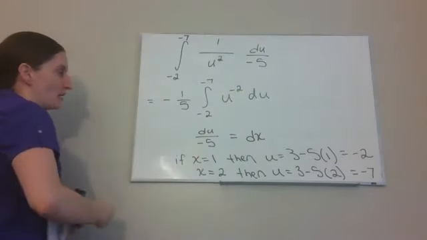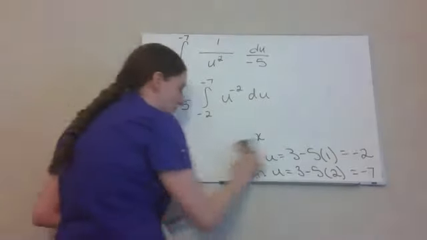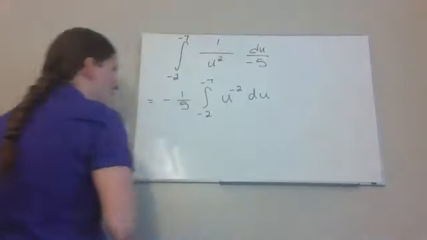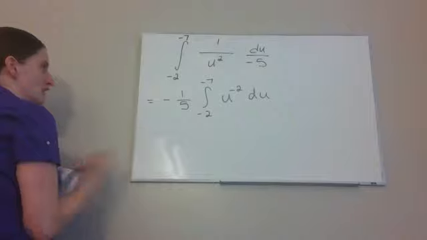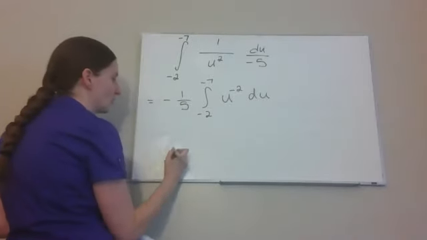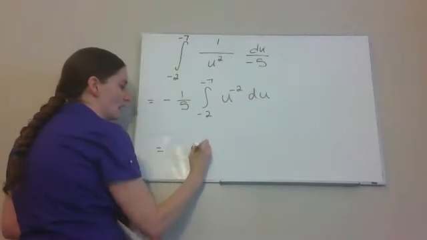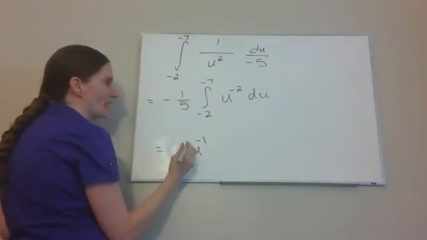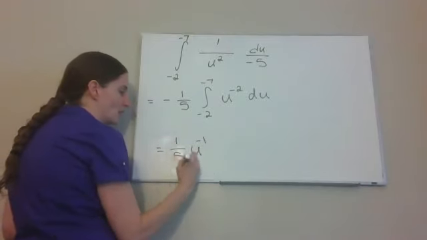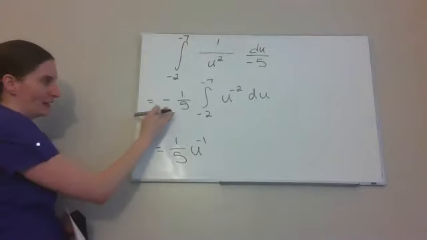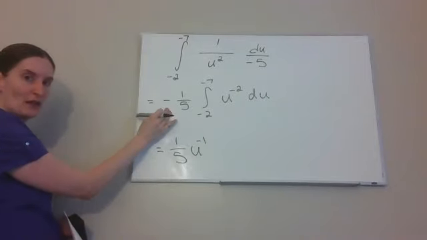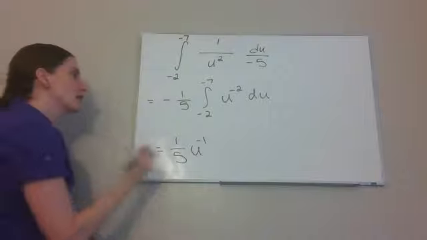And now I'm ready to find my antiderivative. So my antiderivative of this u to the negative 2 would be a u to the negative 1, and then I divide by that negative 1. When I divide by the negative 1, it's going to change this negative 1/5 on the outside to a positive 1/5.